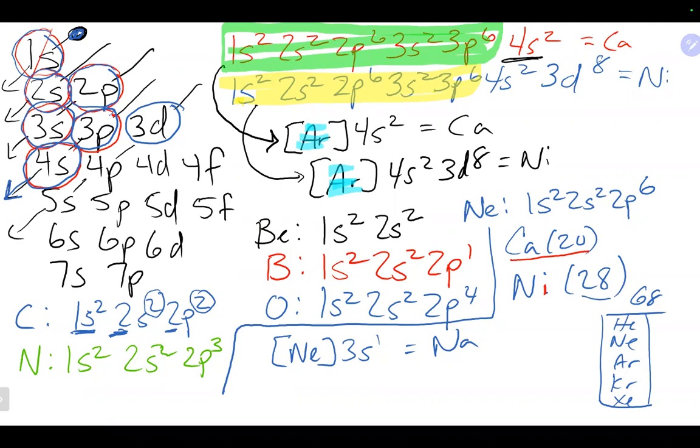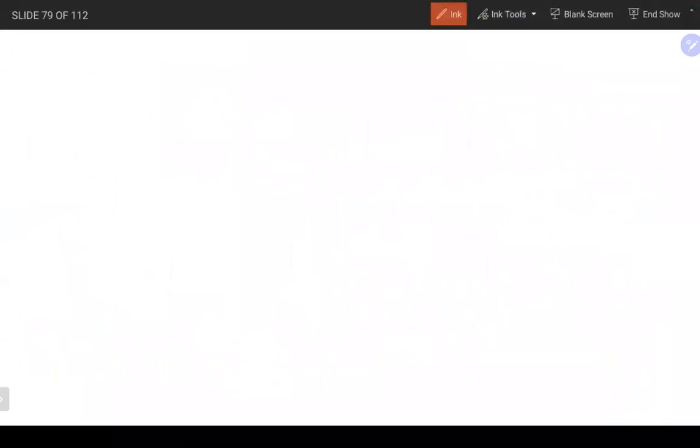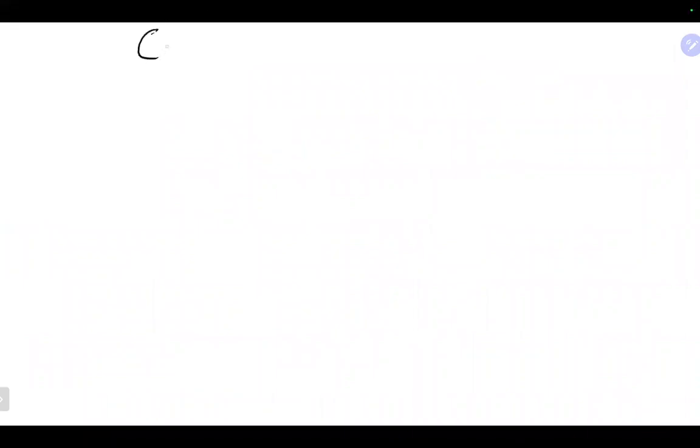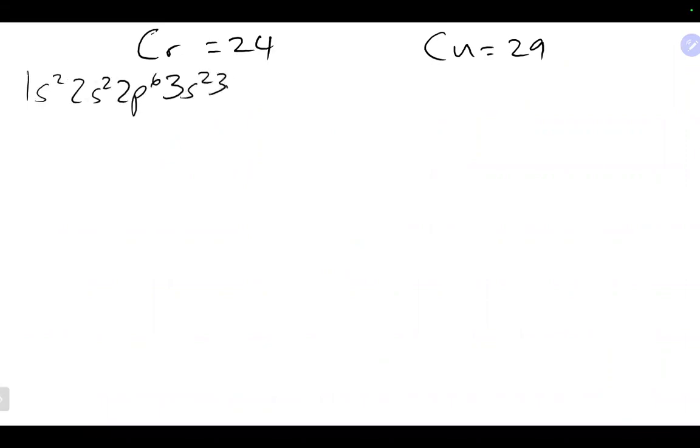Now, there are a few exceptions to how electron configuration would go, or how you would predict it would go. There are a number of exceptions, but the two that most people in most classes are concerned with are chromium, which is 24, and copper, which is 29. If you just followed our zigzag back and forth pattern, you would end up with 1s2, 2s2, 2p6, 3s2, 3p6, 4s2, 3d4 as the electron configuration for chromium.